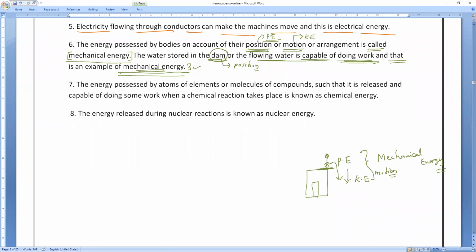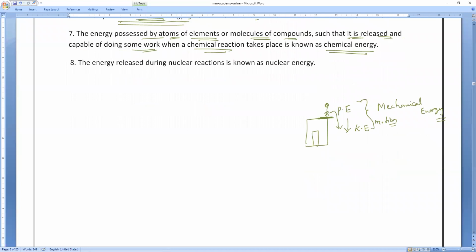Mechanical energy. Next, the energy possessed by the atoms of elements or molecules of compounds, such that it is released and capable of doing some work with a chemical reaction. So what do we call that? Everybody, chemical energy.